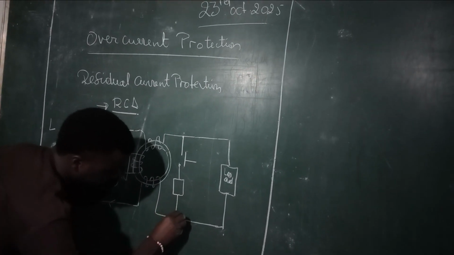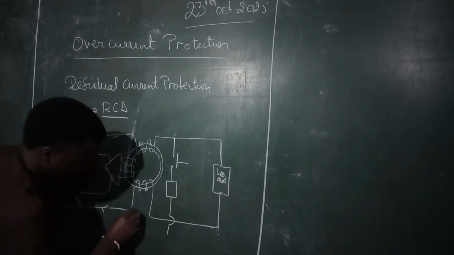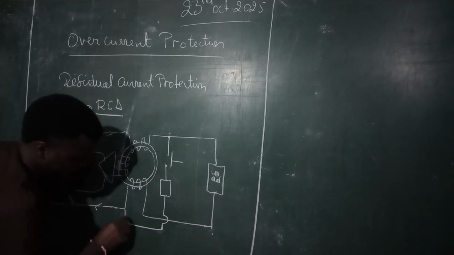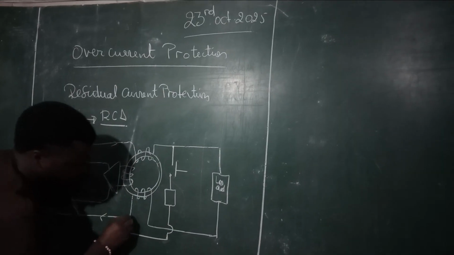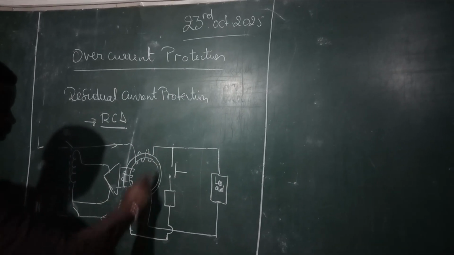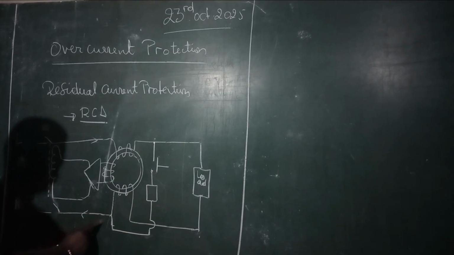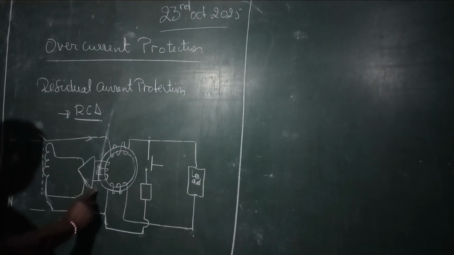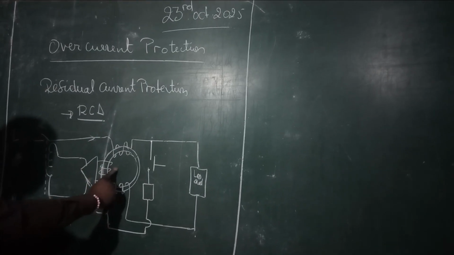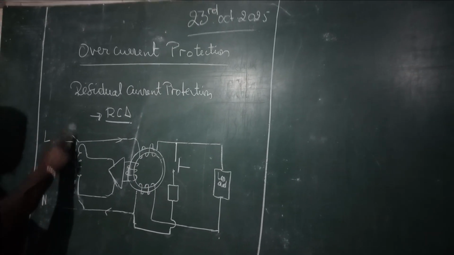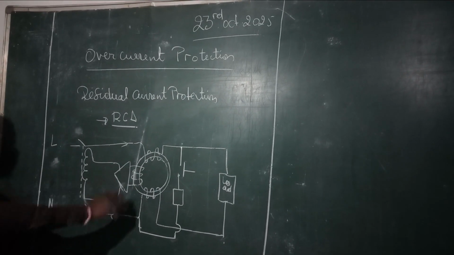Why is it there? For testing. When I bypass the current without going through here, there is an imbalance, so a supplementary magnetic flux is produced, and now we are able to trip this coil, and it breaks the circuit.